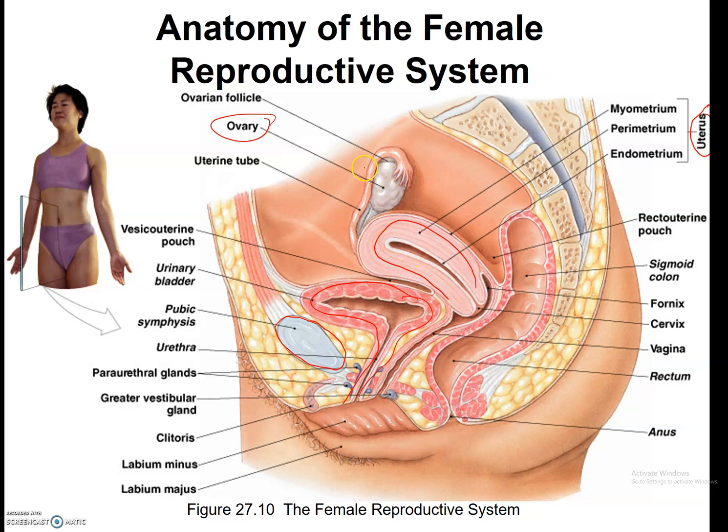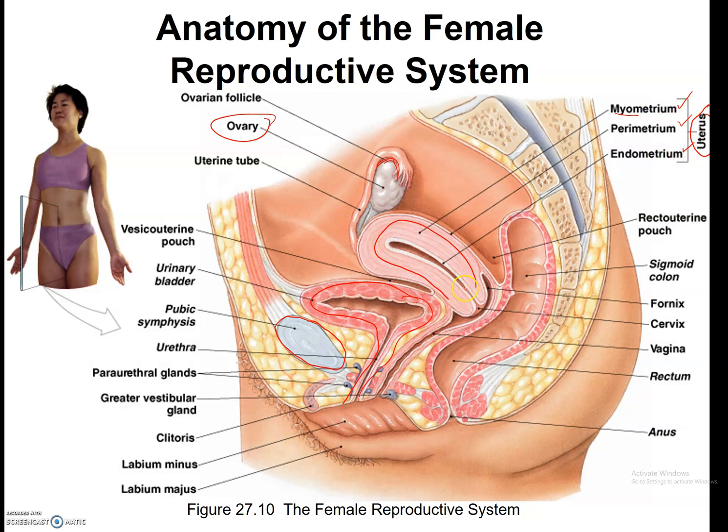The uterine tube or the fallopian tube is associated with the ovary, and we have the ovarian follicle right up through here. Okay, we'll get to that in a little bit. The uterine tube connects to kind of the posterior side of the uterus. The uterus is made of the myometrium. Remember, myo means muscle. The perimetrium and the endometrium.